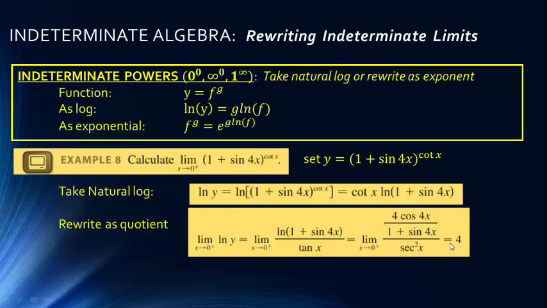Now here's a big deal with these indeterminate powers. Notice we have not solved this limit, because what we're saying here is not that this limit goes to 4. We're saying the limit of the natural log of y goes to 4, and we want to know what y equals, not the natural log of y. So because we've applied the natural log, we have to undo it.